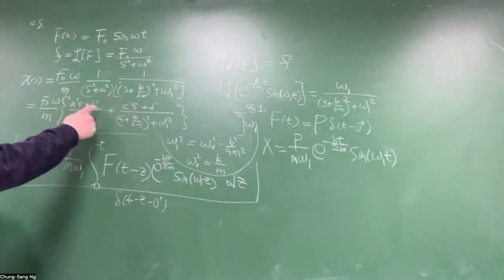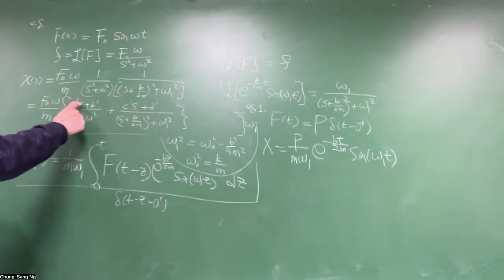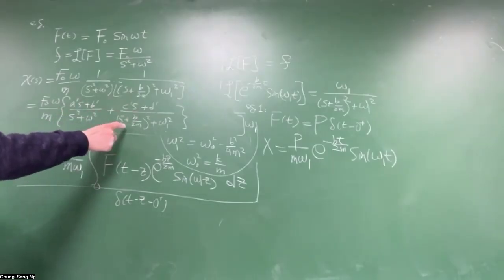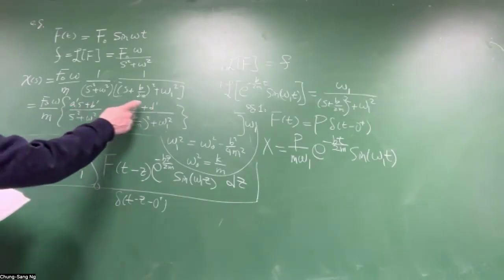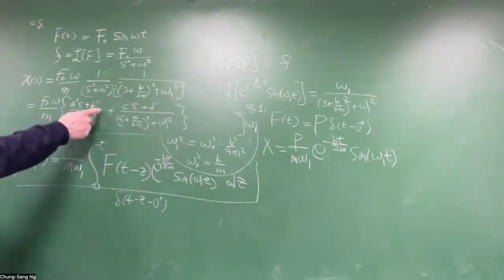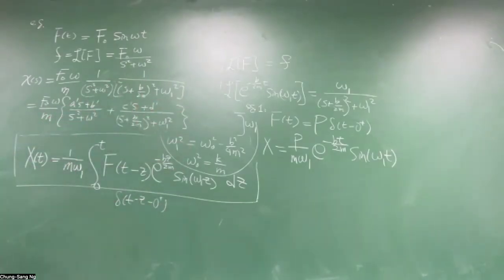You have a polynomial in S involving up to S cubed. Then you have four terms and four unknowns, and in principle you can solve that and get the coefficients.